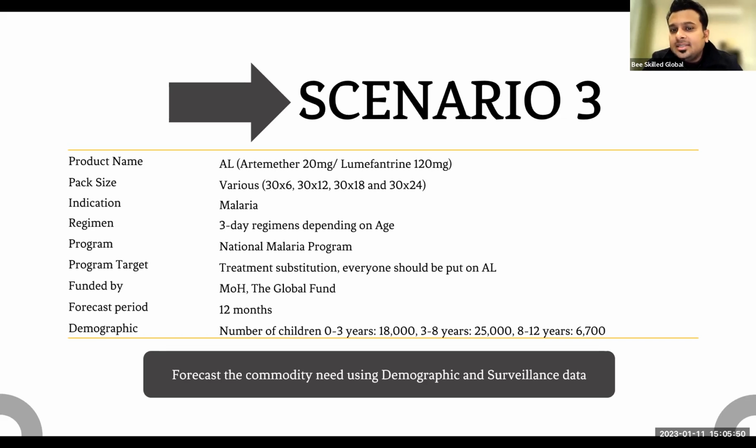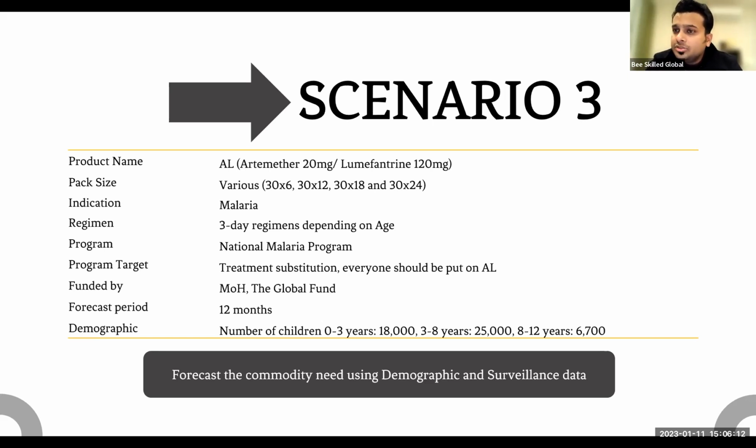Once we get to know the prospective number of patients in the next year, we multiply that with the number of products that may be needed. Children need 6 tablets per day. Adults need 24 tablets per day.